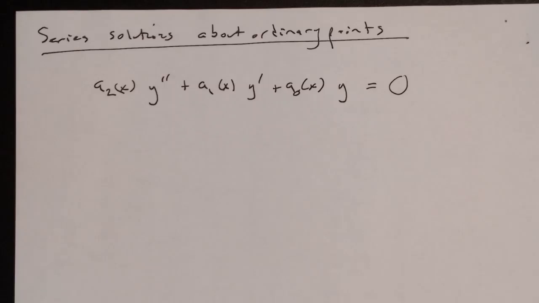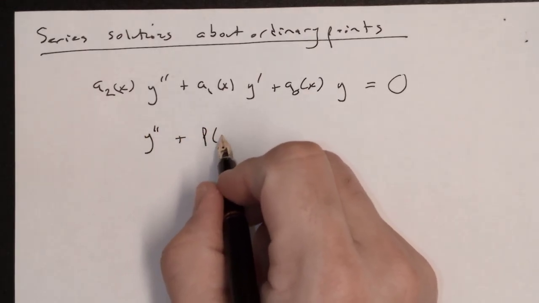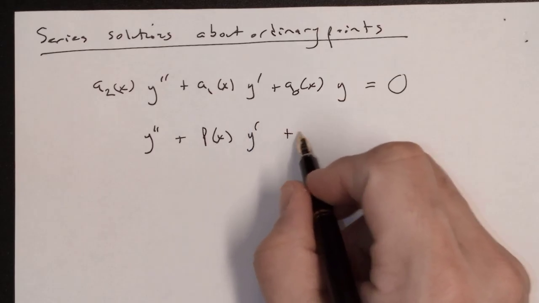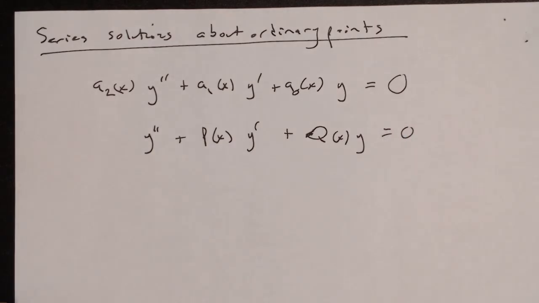It's linear. But I know that whenever I solve second order equations, the first thing I do is I make sure y double prime is all alone. So I'm going to divide out by a2, and I'm going to write this y double prime plus some function of x, y prime, plus some other function of x, y equals 0.